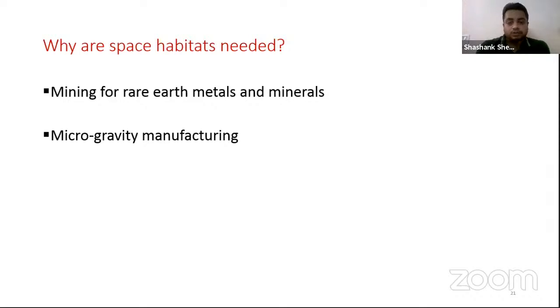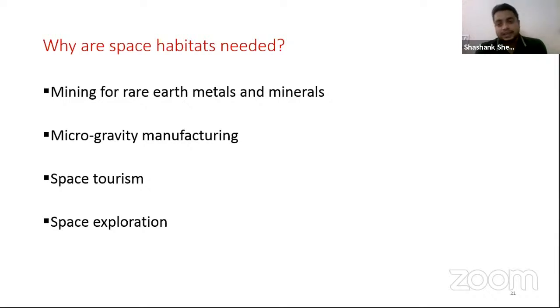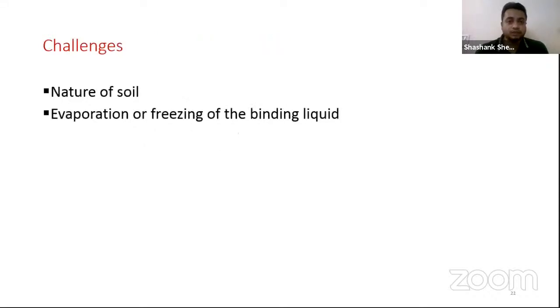So the errors reduce. These kinds of things are also putting an emphasis on having habitats on Moon and Mars. And space tourism and space exploration have always been a key driver for having a habitat on Moon, Mars, or space. So what challenges do we face?